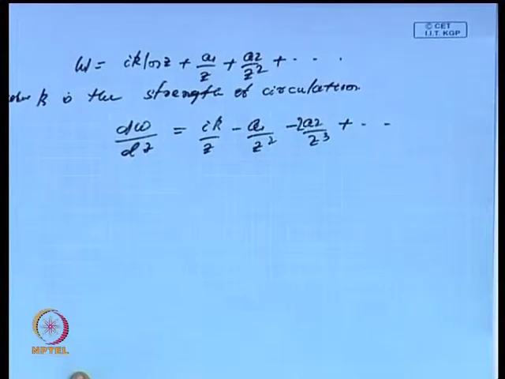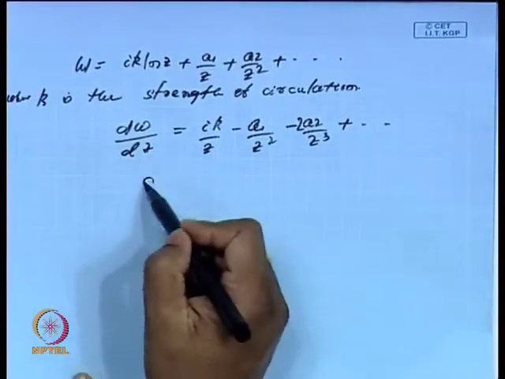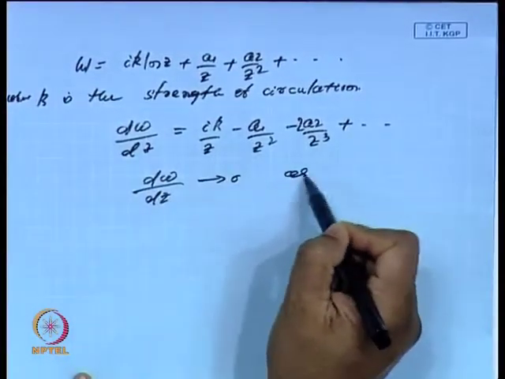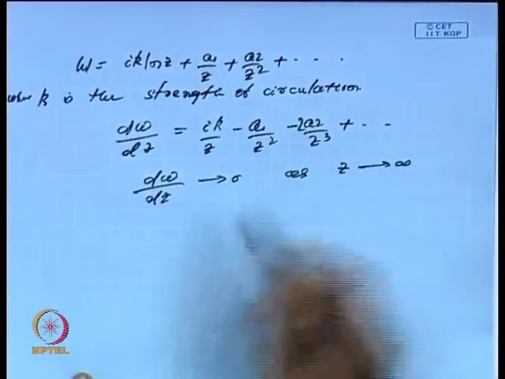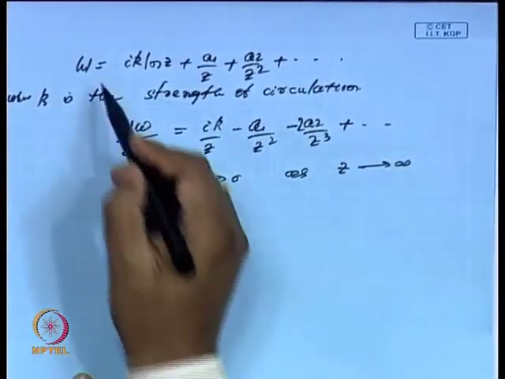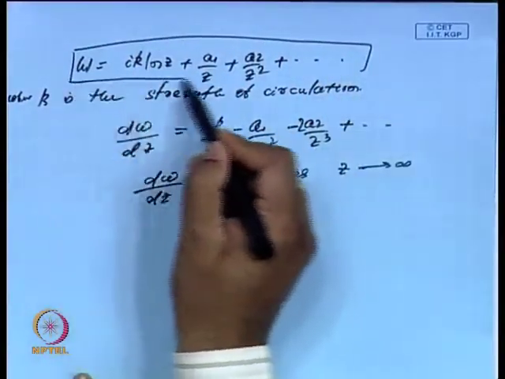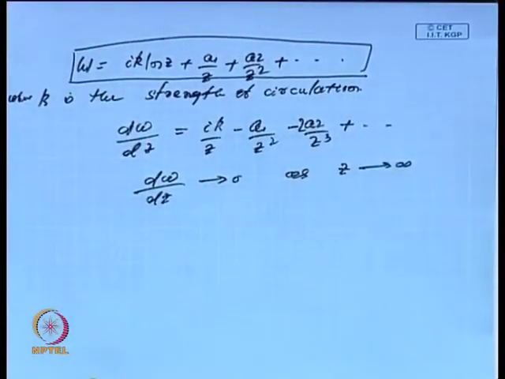The fluid velocity turns to 0 as z turns to infinity. This is the most general form for a cylinder moving in an unbounded fluid which is at rest at infinity.